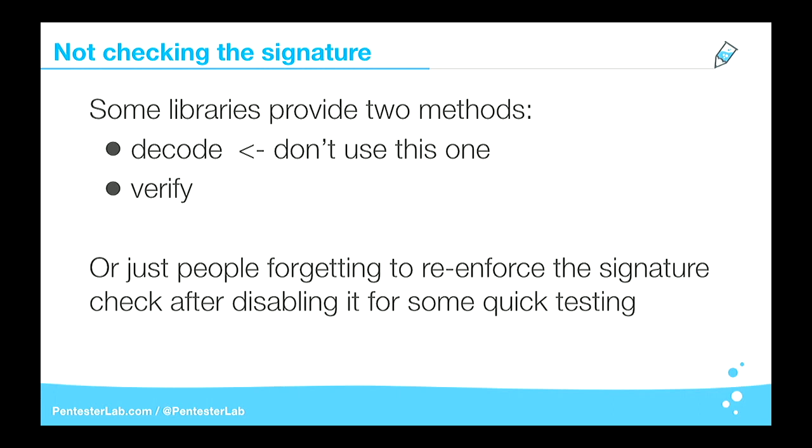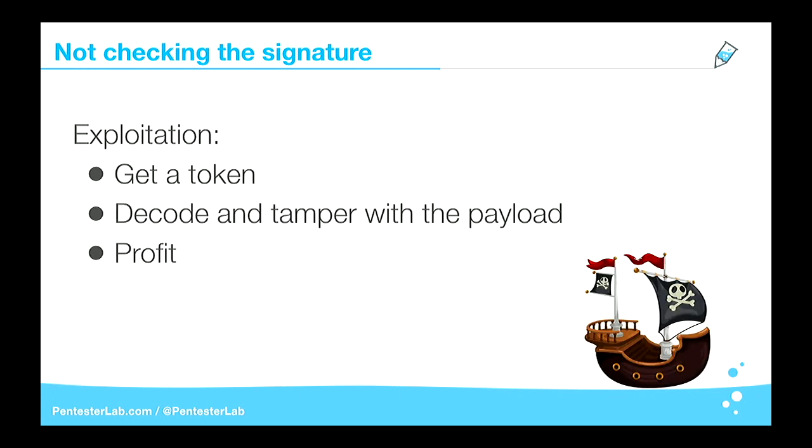Or people do some testing, and then they forget to put the real check back in place. It happens pretty often. And again, if you've got a lot of microservices, you just need one to not check that properly, and you can do bad things. So for exploitation, you get a token, you decode it and tamper with the payload, you send the token, and you profit. Pretty easy stuff.